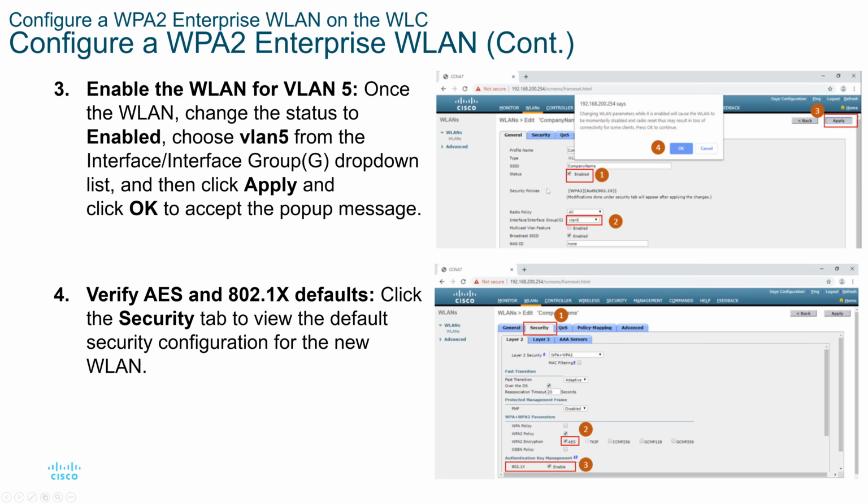We have enabled it, we have attached it to VLAN 5, and we have applied. But now within here, there are a few other tabs. One of the tabs is called Security. So we're going to click on the Security tab, and under Layer 2, because this is a Layer 2 option, we're going to make sure that we have AES selected, and we have the IEEE 802.1x standard enabled right here.